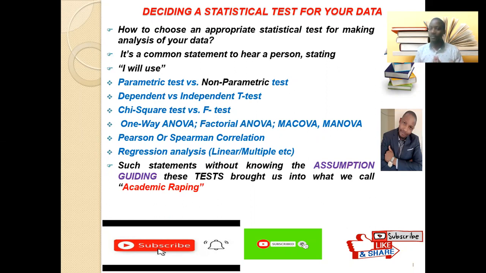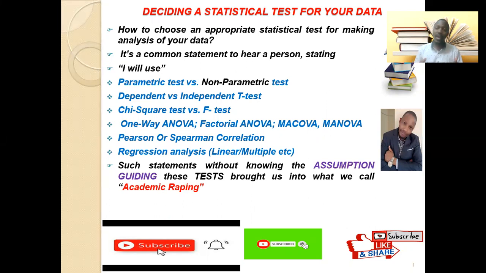It is a common statement to hear from some of you, when you have data in hand. You may find somebody stating, oh, I will analyze my data using parametric tests. Or I will use a so-called non-parametric test to make analysis. Some can say, I will use the dependent t-test. I will use the independent t-test.